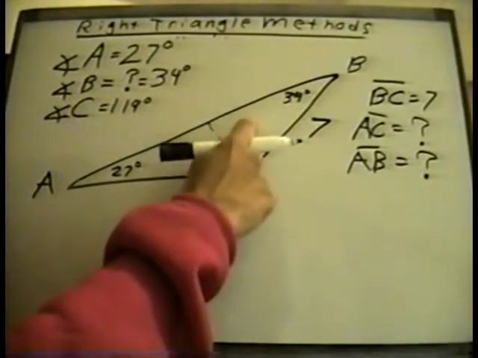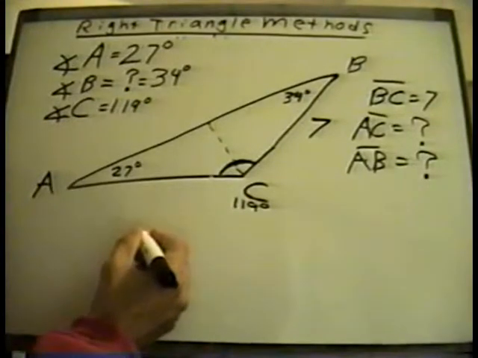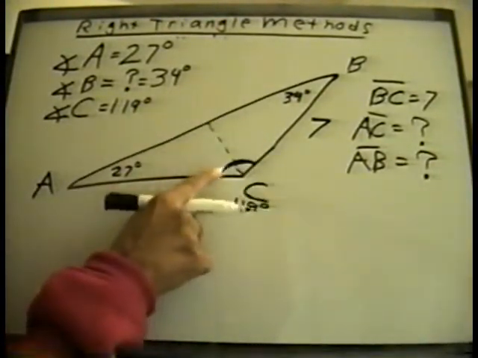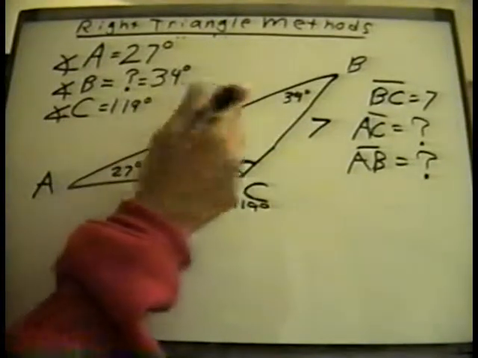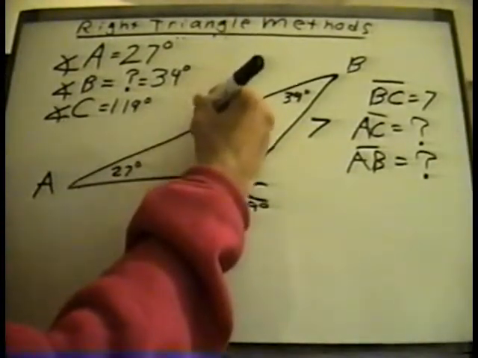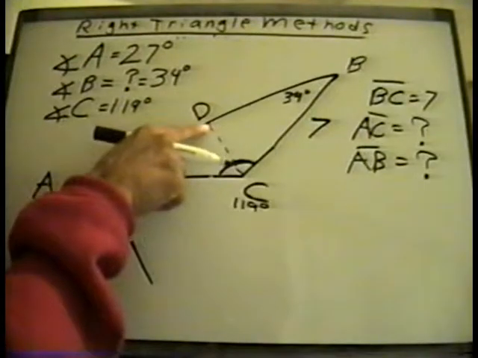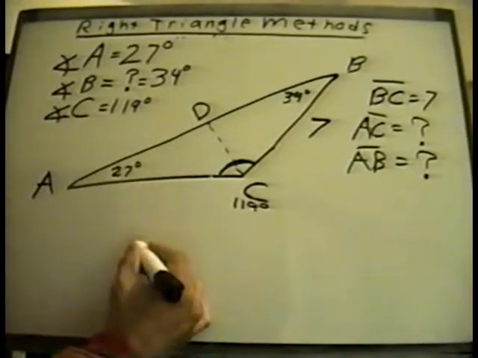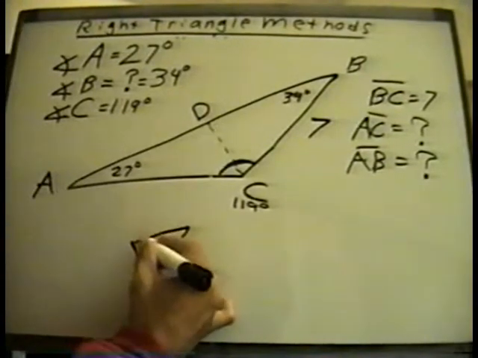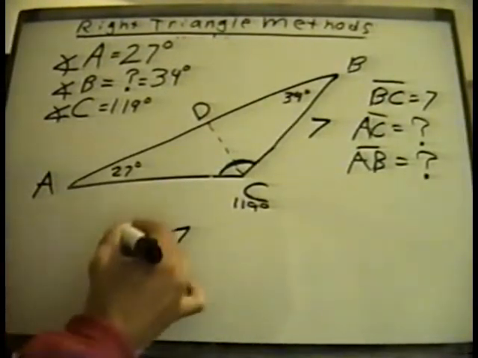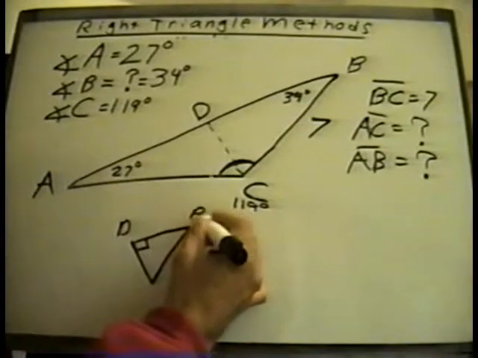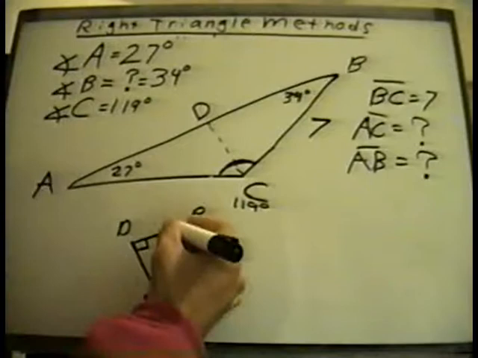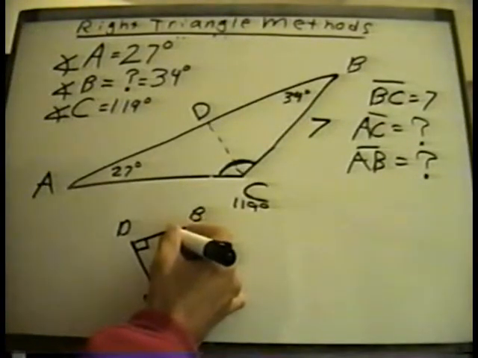Okay, so now here, if we look at this triangle, after you draw your dash, be sure to label the point, label this point here. Okay, so now we have a right triangle, DBC.